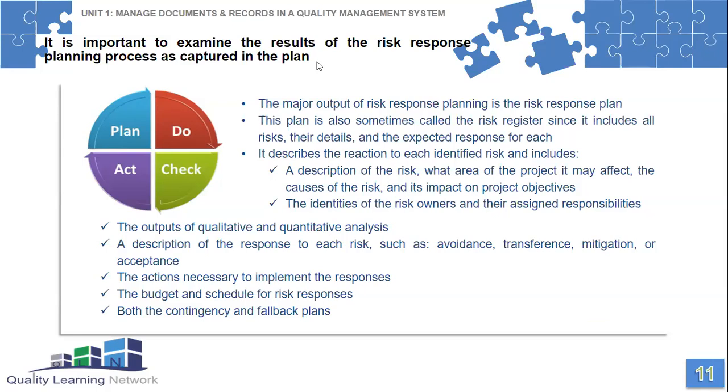The actions necessary, obviously. So what will we do? A nice plan of actions in the budget and schedule for risk responses, both the contingency and the fallback plans. Not all risks will need, for example, a contingency plan. They might be quite simple and quite straightforward.